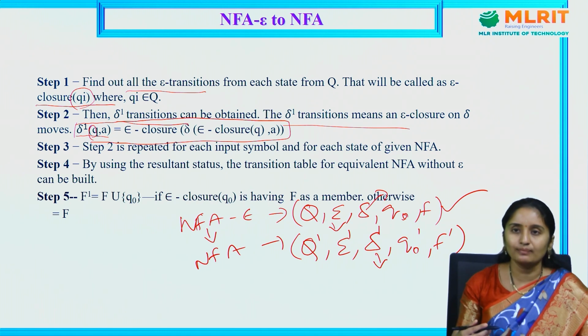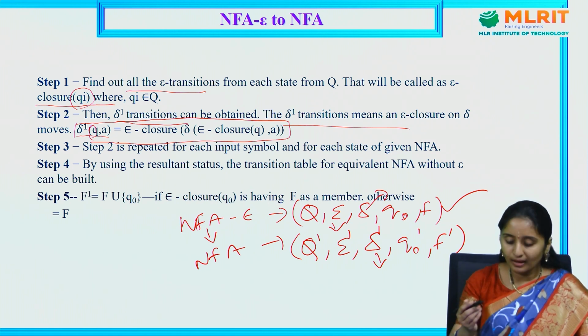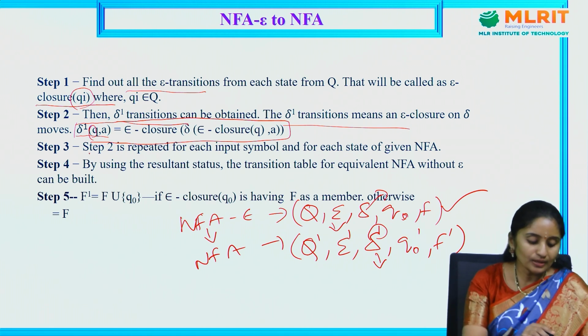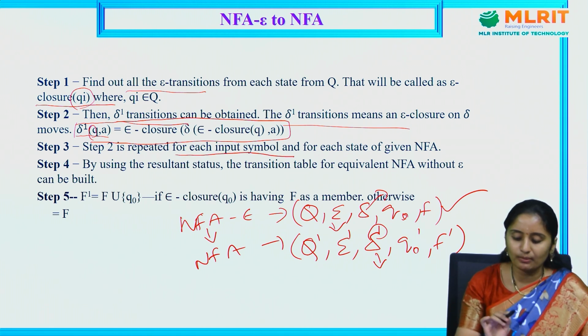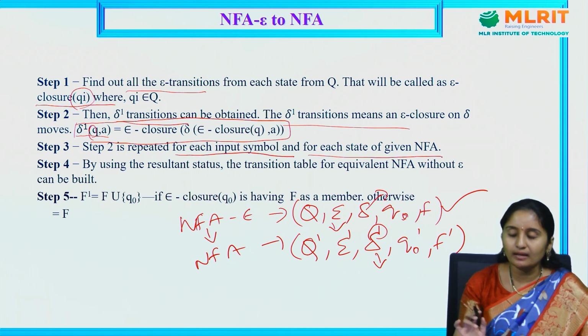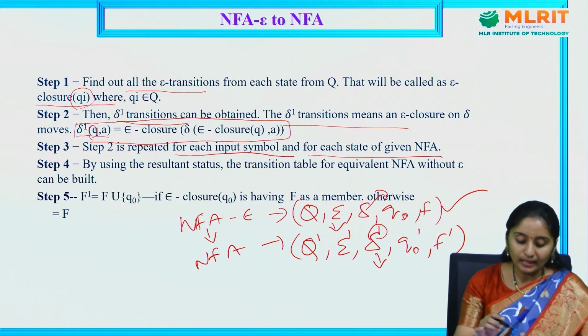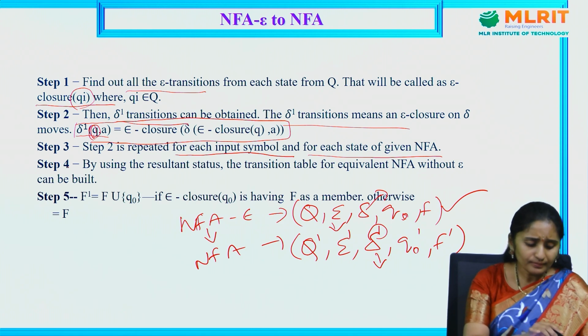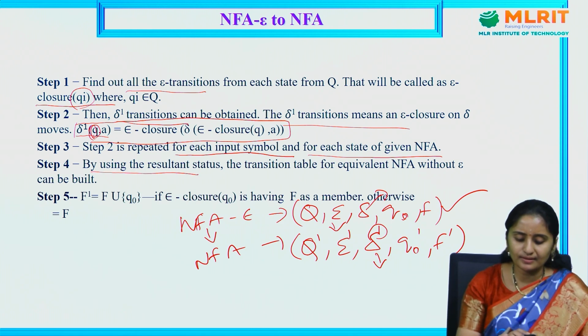The new transitions which we are going to get, we are going to represent with delta dash. So step 2 is repeated for each input symbol and for each state of the given NFA. In our given diagram, for each and every state, we are going to repeat step 2. That is the meaning. Next, step 4. By using the resultant states, the transition table for the equivalent NFA without epsilon can be built.